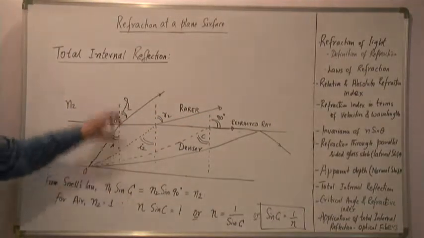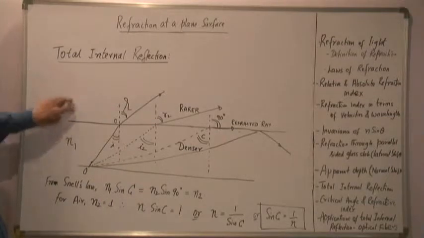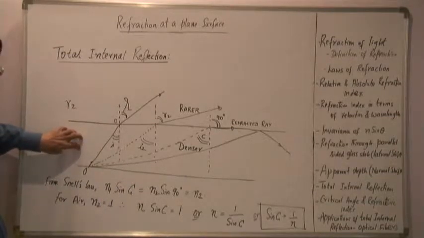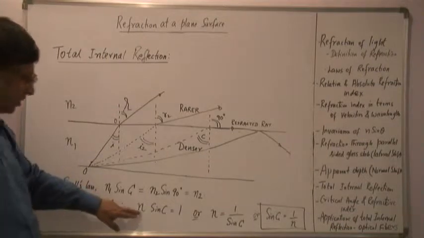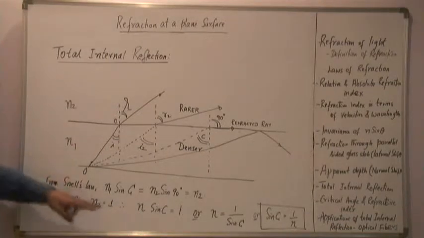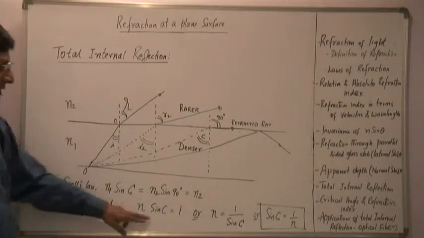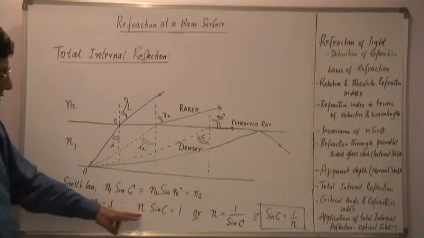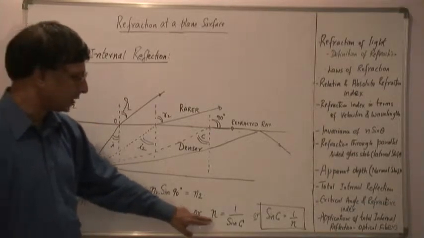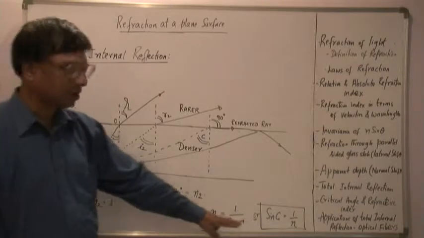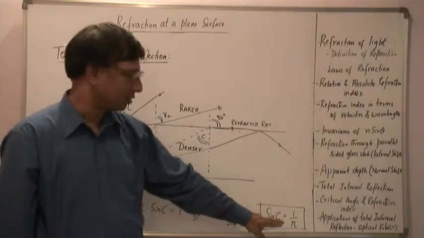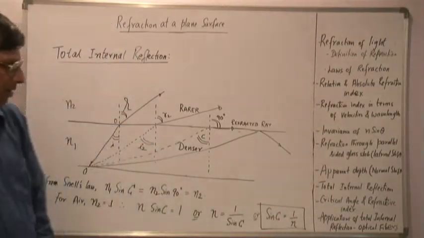And for air, N2 is equal to 1. Instead of N1 I have it as N here, because N stands for the refractive index of the denser medium. So N sine C is equal to 1, or N is equal to 1 divided by sine C, or alternatively sine C is equal to 1 divided by N.